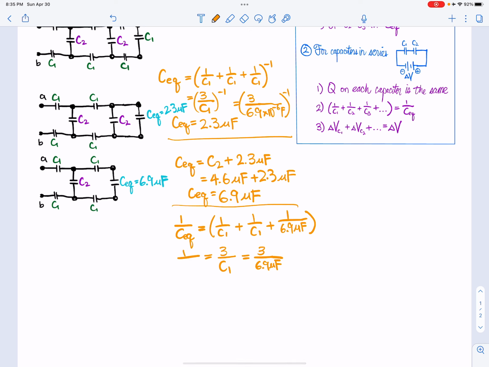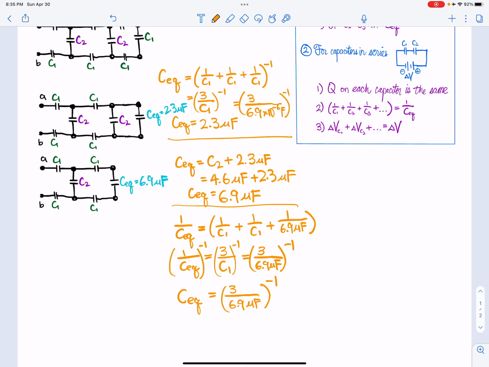But instead of using 1 over C equivalent, I'm going to take the inverse of both sides of the equation. Okay, so that I get C equivalent is equal to 3 over 6.9 microfarads to the negative 1 power, okay?